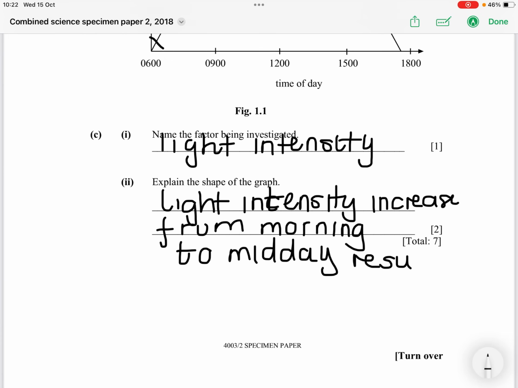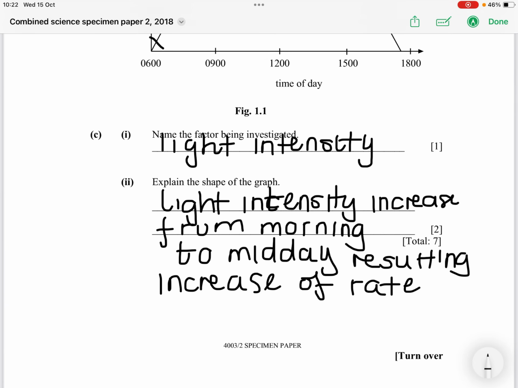This is going to result in increase of rate of transpiration. And then after that, when we shift from 12 p.m. to 6 p.m., the rate of transpiration decreases as the light intensity decreases. So this is what you need to explain on number 1C.